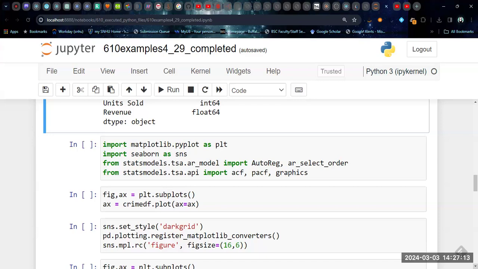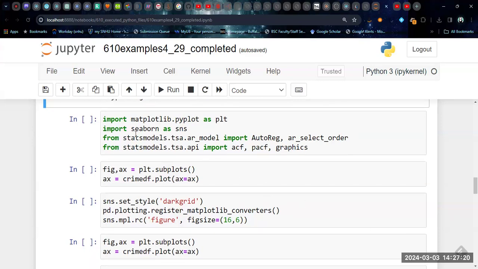Now we're going to bring in some plotting functions here so that we can look at our data. So we're going to bring in matplotlib, we're going to bring in Seaborn, and we're also going to bring in some packages from statsmodels for doing autoregression and our ACF and PACF graphs.